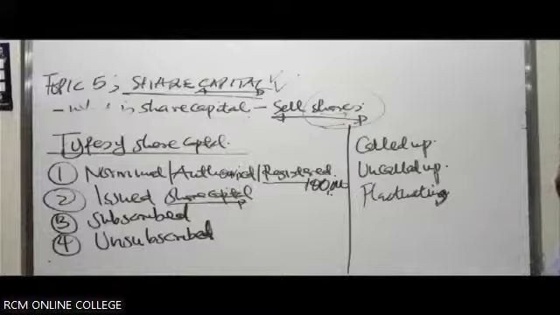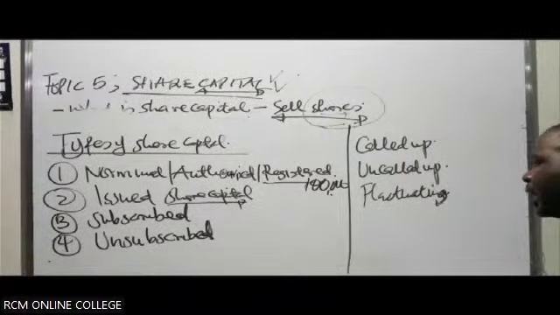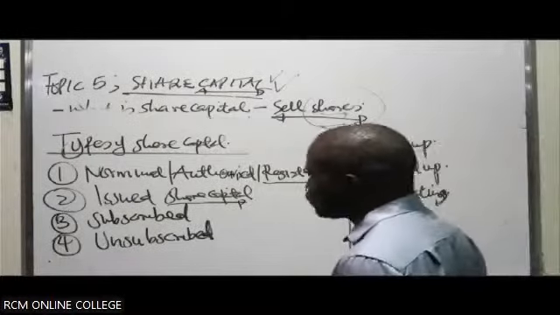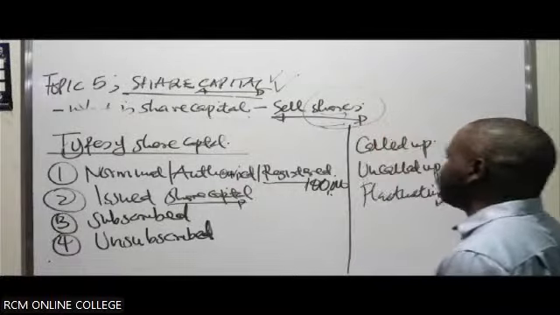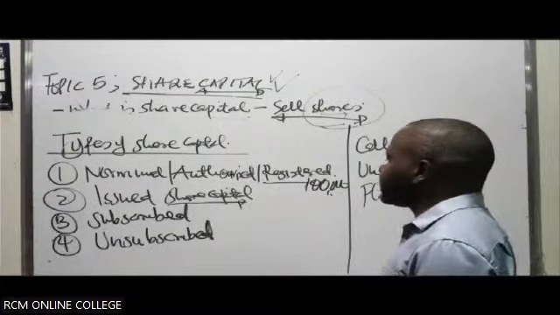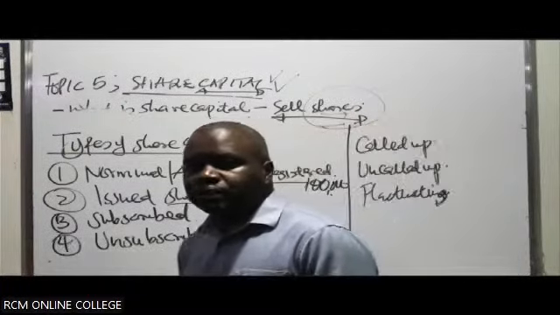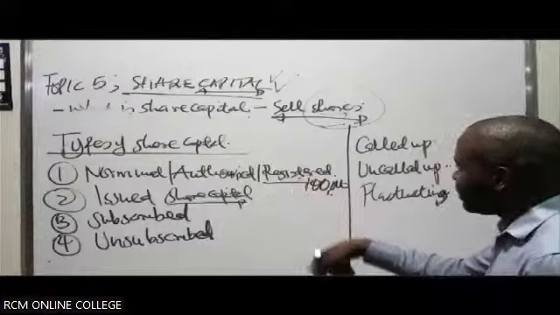It is part of the authorized share capital which has been issued out to members of the public to apply or subscribe for allotment. The issue will never be more than 100,000, because you can never issue what you don't have. It can either be equal to or less.